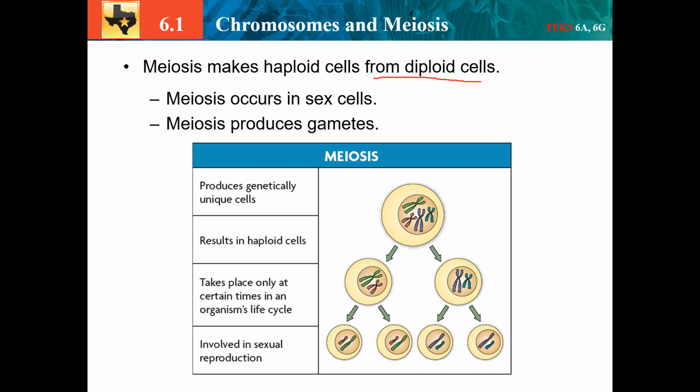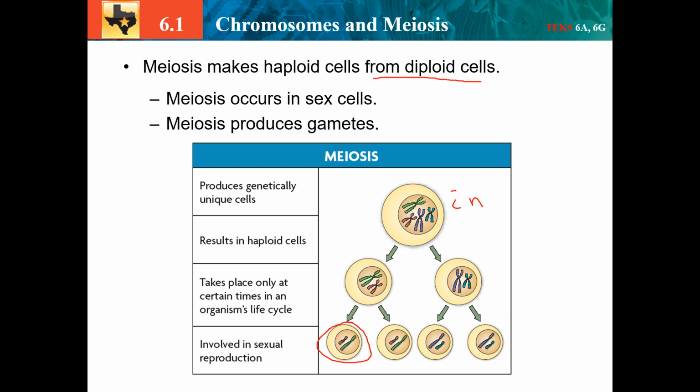So in the testes of the male, whenever you're making sperm, you start off with one diploid cell that then undergoes 2 phases of division to make haploid cells. Notice how you had 2N here, and they didn't draw all the different chromosomes, but you can see you have 4 here, 1, 2, 3, 4, and at the end product you have 2 chromosomes in each cell.